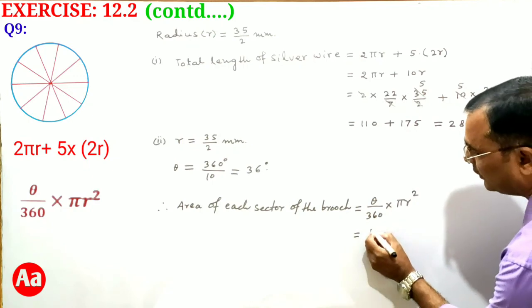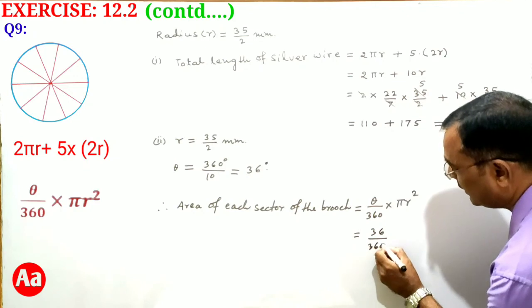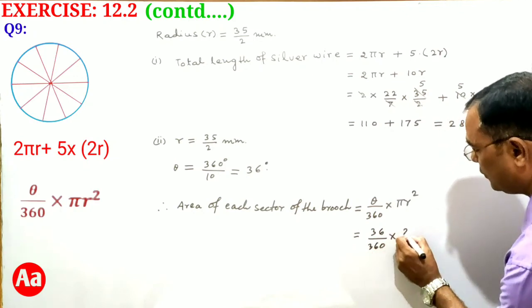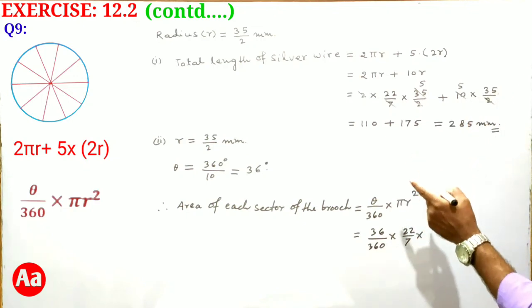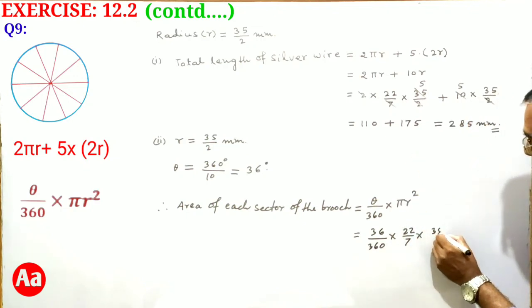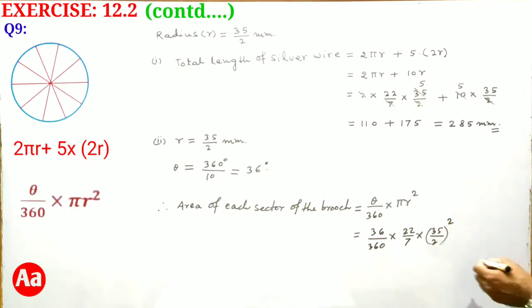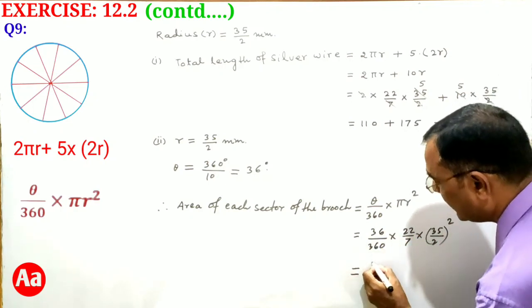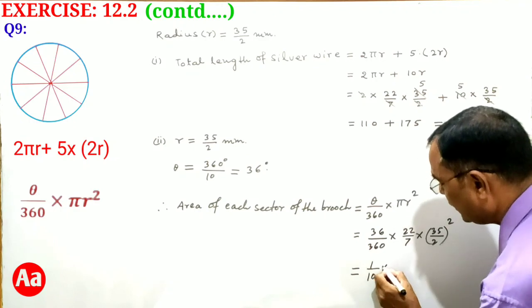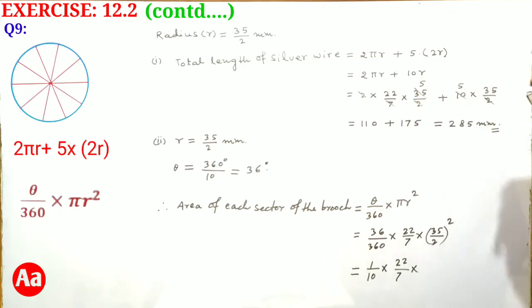So let's put here value of theta, that is 36 divided by 360 into 22 by 7 into 35 by 2 whole square. This 36 by 360, it will be equal to 1 by 10 into 22 by 7 into this 35 by 2 whole square.